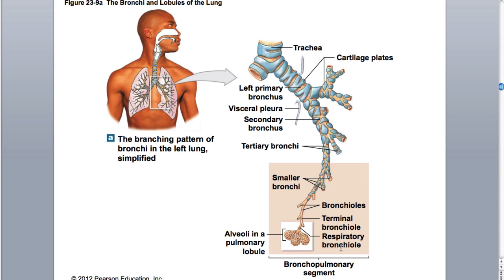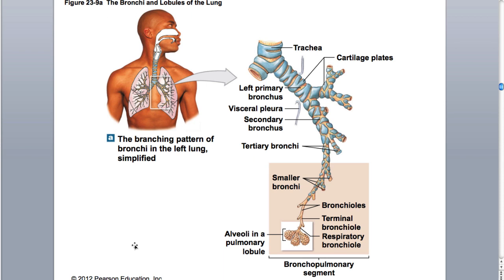So now you can see what we learned at the beginning. Terminal bronchiole and upward was conducting zone. We're now headed towards the respiratory bronchiole and alveoli, which will play a role in gas exchange.